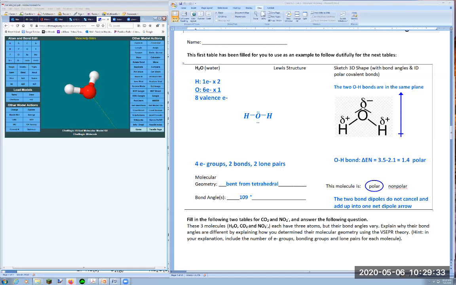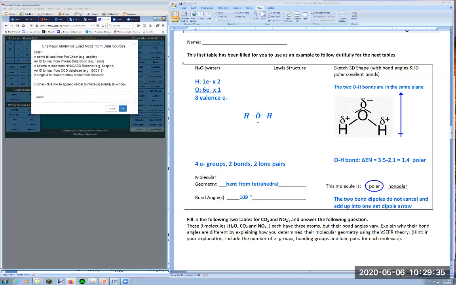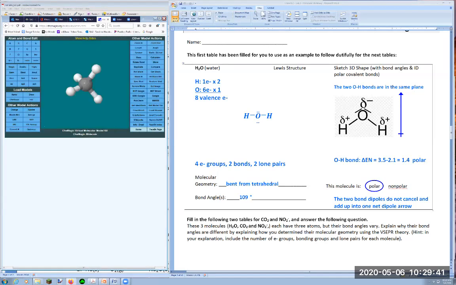Let's look at an example, I'm going to type methane. Methane is CH4, carbon surrounded by 4 hydrogens. And it's a tetrahedron, and you can see that if I put one hydrogen on top here, right?